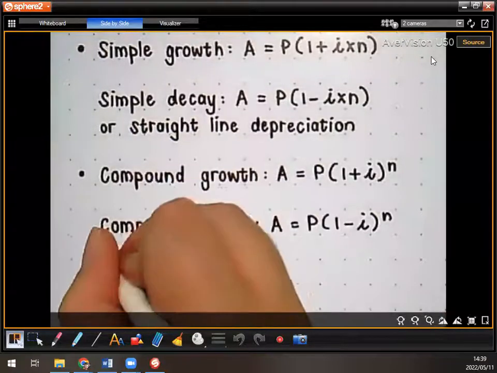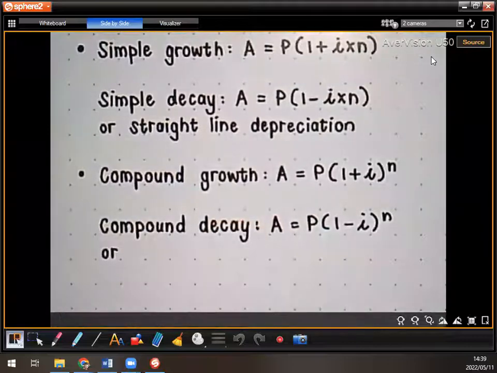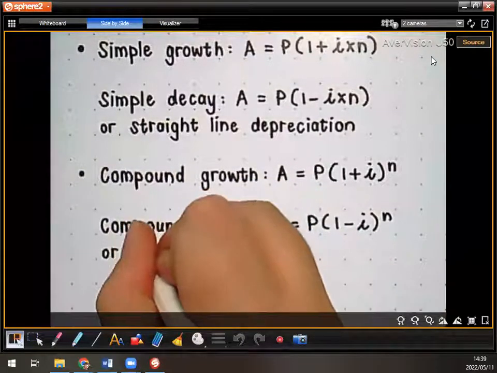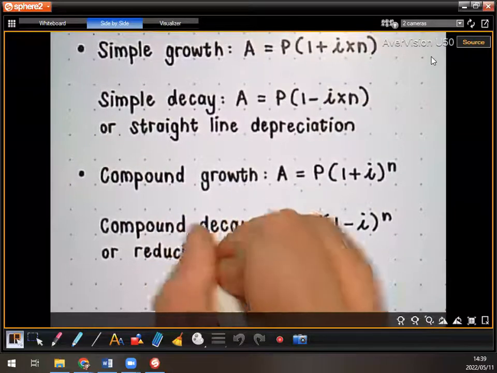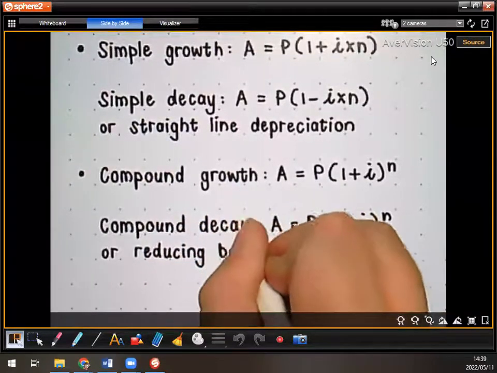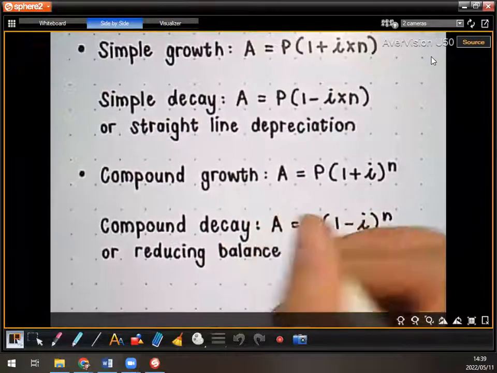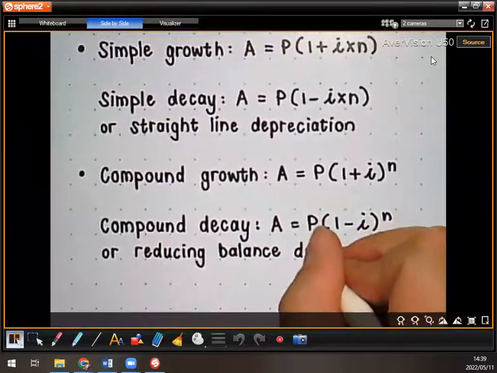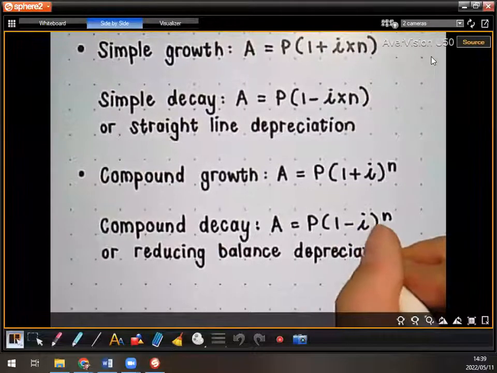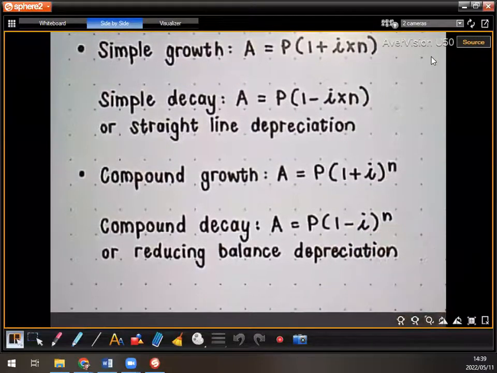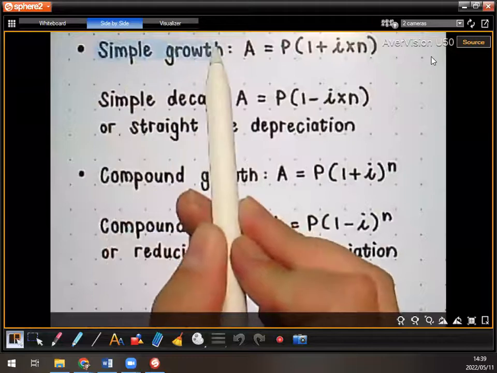Right, if they are talking about depreciation, they call this reducing balance. I'm just going to highlight these names.